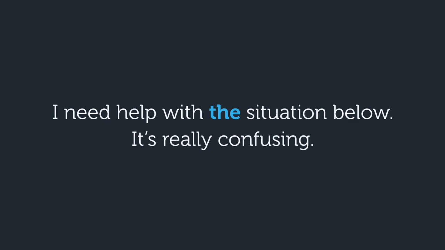It's really confusing. And this now means that we are talking about one specific situation that I'm going to explain in detail below, perhaps in an email. This is a pretty common expression in emails, by the way. For example, see below, or what do you think about the question below?